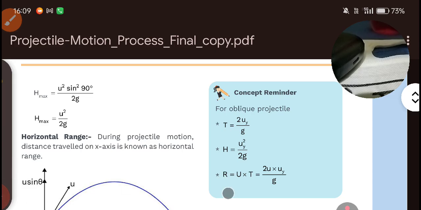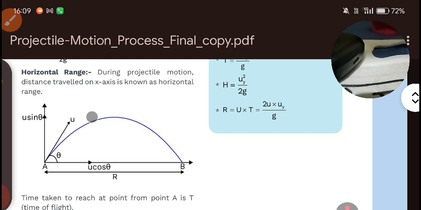To calculate range for ux, we just multiply initial velocity ux by time of flight. During projectile motion, distance traveled on x-axis is known as horizontal range. To calculate this thing, we will calculate ux multiplied by time of flight.